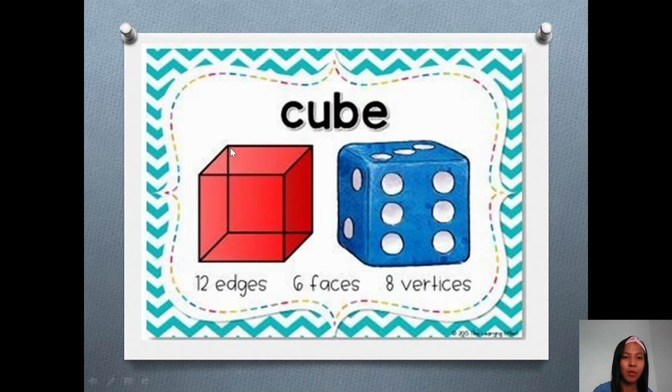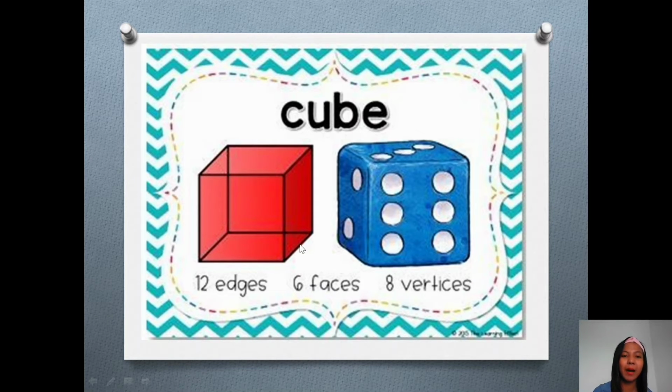Edges from here to here: 1, 2, 3, 4, 5, 6, 7, 8, 9, 10, 11, 12. So we have 12 edges for the cube.